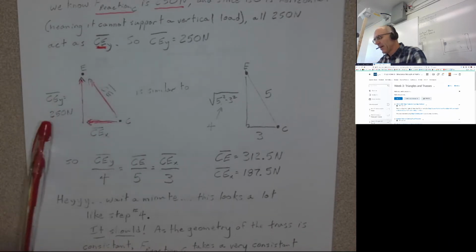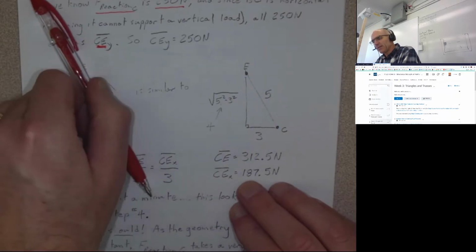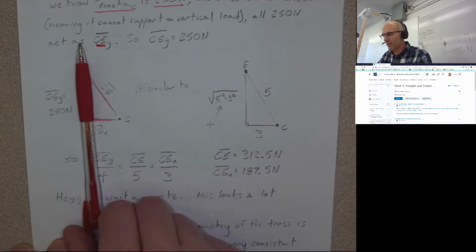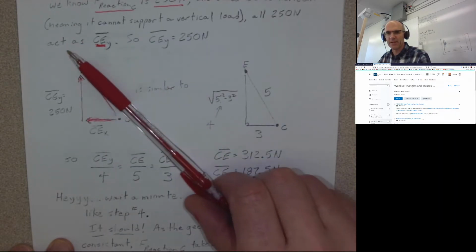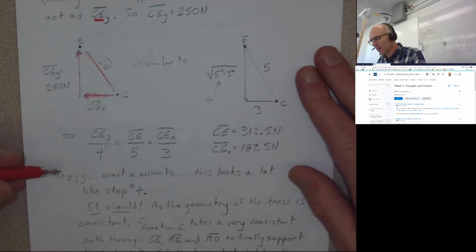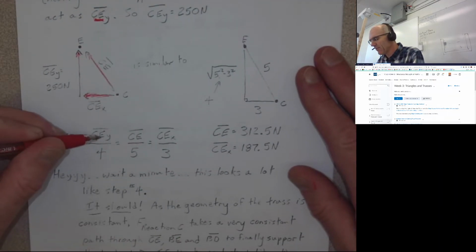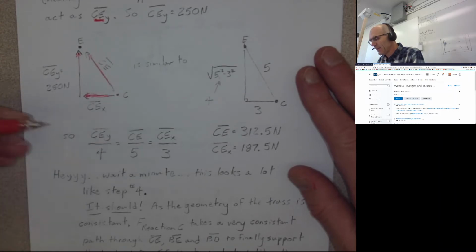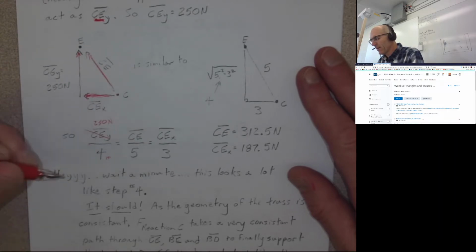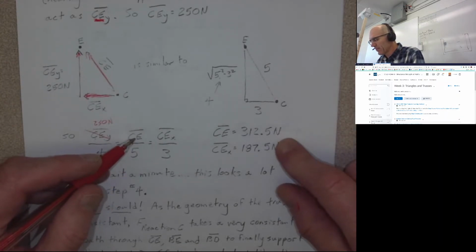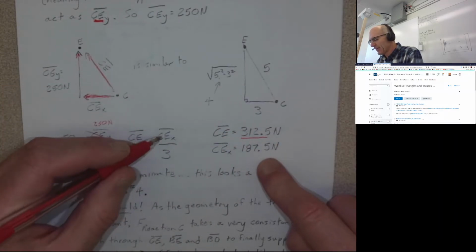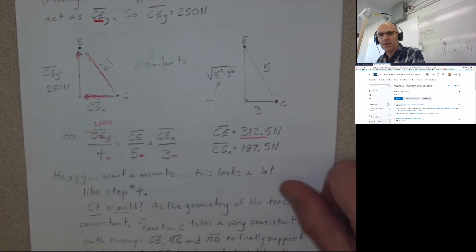And notice this time, because CE is pointed in this direction, the horizontal force is going to be going in that direction. So when it combines to the vertical, it comes up acting in this direction. Okay, so here we go, and we do our ratios down here, our CEY, which we know is 250. So that's 250 newtons over 4 meters equals what's going to come out to be 312 newtons over 5 meters, and CEX over 3 meters.